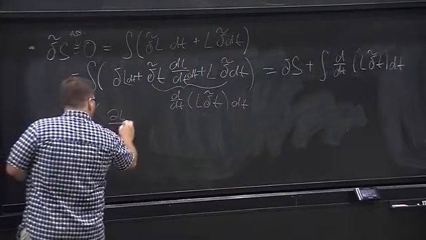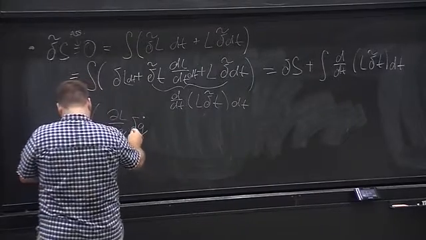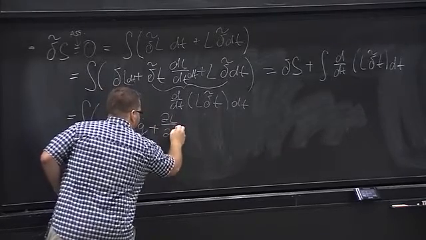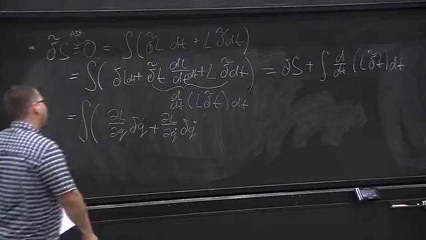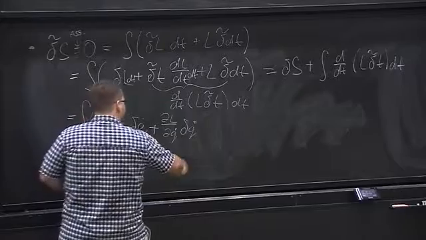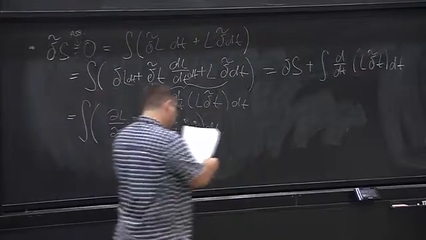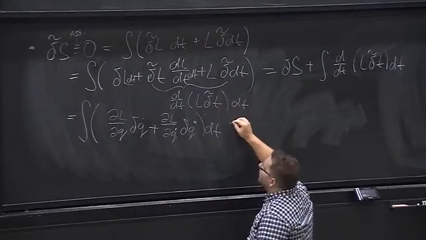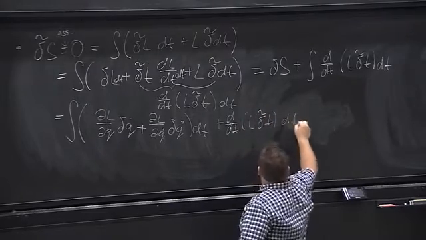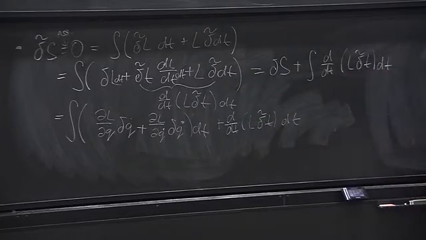Delta L is dL over dq delta q plus dL over dq dot delta q dot, the same thing as we were doing before, dt, plus the other term, plus d over dt of L delta tilde t dt. Okay, so I'm just continuing this expansion here. This is what it is.